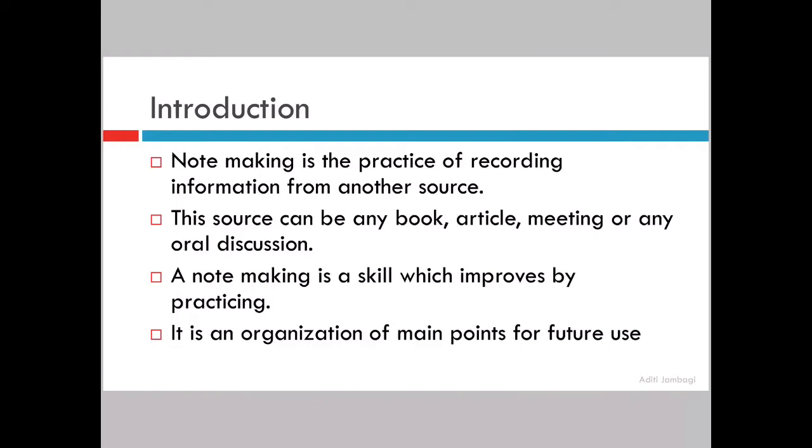Creating good quality notes can really cement your learning. Cement your learning means it gives you a very strong foundation. You will remember whatever you studied easily when you make notes. This is especially true when you're in a live class. Sometimes theory lectures can get boring. For example, English, this lecture, it can get boring.